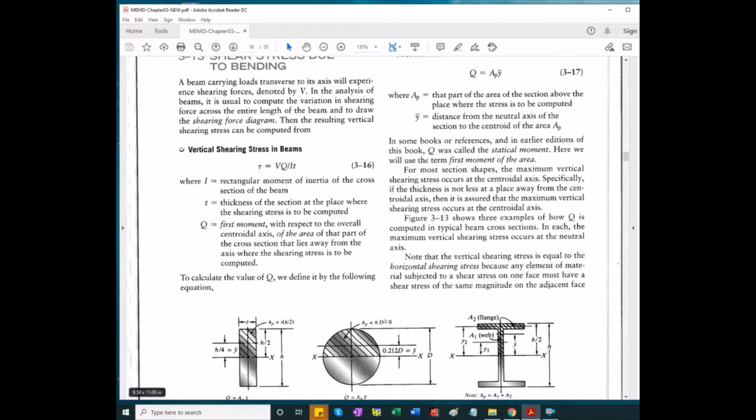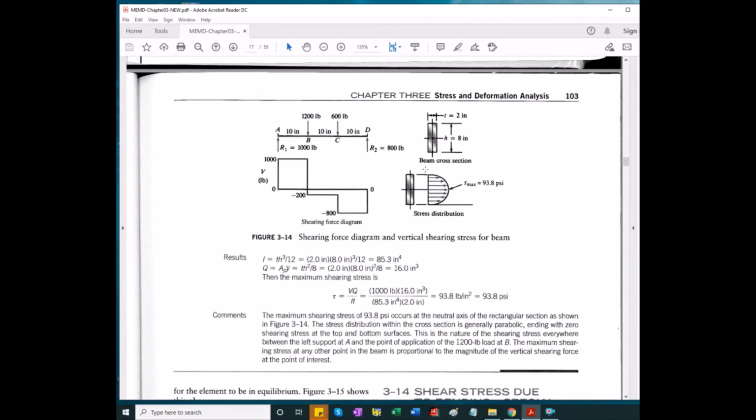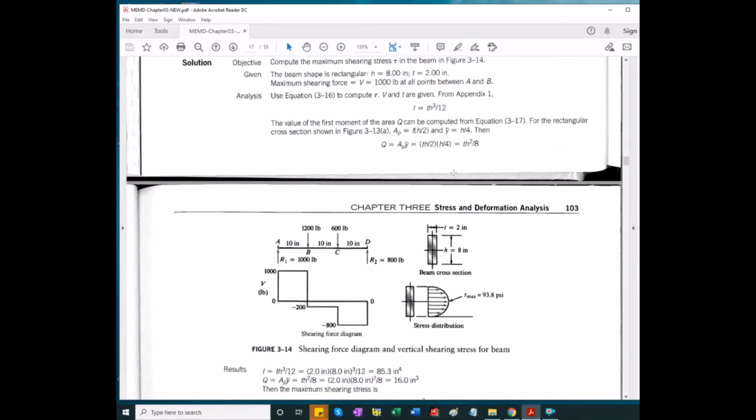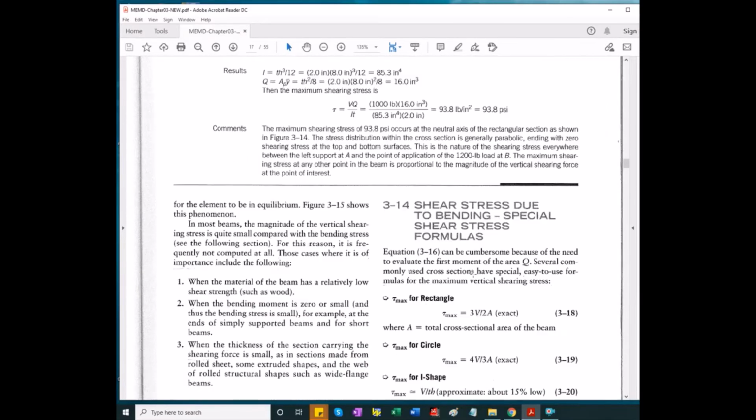The good thing is that the maximum stress caused by bending is on the outer skin, where the shear is 0. Okay, so here's the shear stress, the maximum value calculated as explained here and in the text.